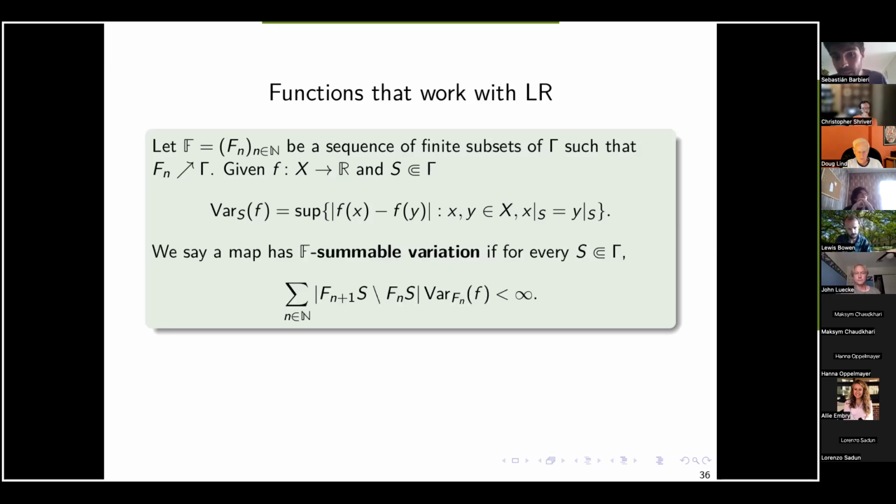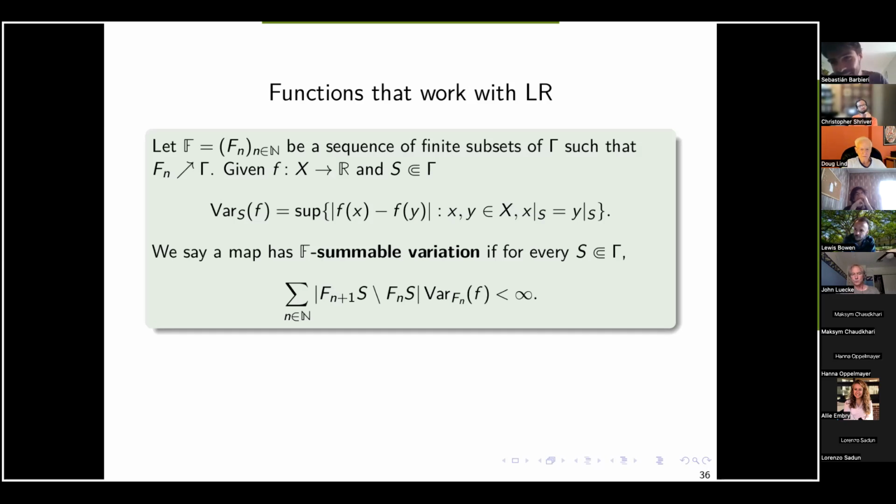And I can say that the map has f-summable variation if, whenever I sum these variations over these larger and larger sets, and put as a constant the growth of this sequence with respect to S, this is finite. So I'm going to say that the map has f-summable variation if this sum for every finite subset S is finite.